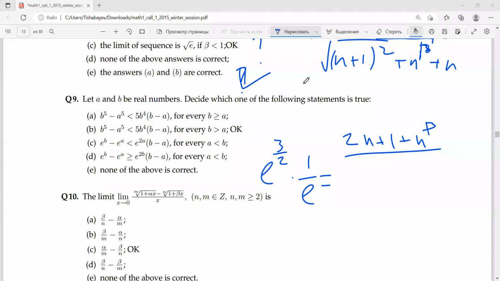In number 9, we can use the derivative to check these inequalities, using the main theorems of differentiation: Lagrange, Fermat, Cauchy, Rolle's theorem.